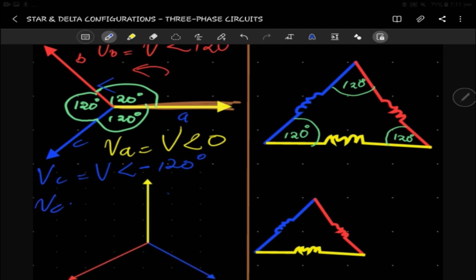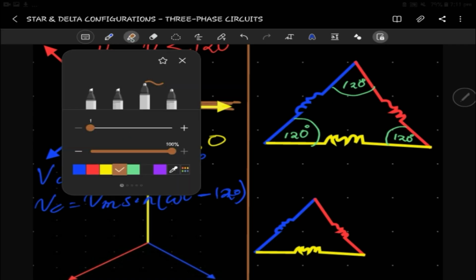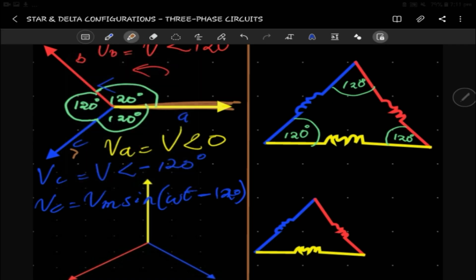So we have VC, and we have the peak, and then we have sine of the angular frequency times t plus the phase angle. This minus, right? Referencing to the reference like this one here. So that's minus 120 degrees, right? So these two here are just different ways of writing the same thing, and we've seen this already.